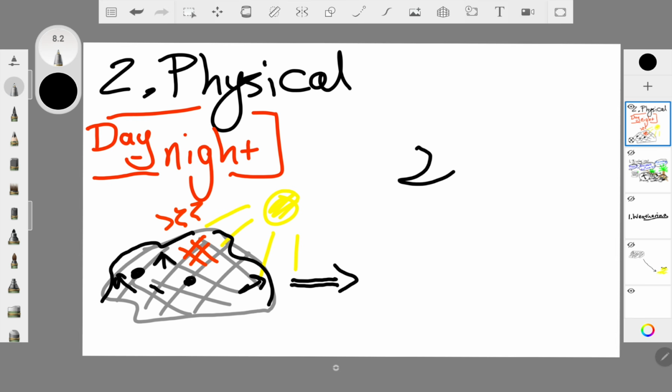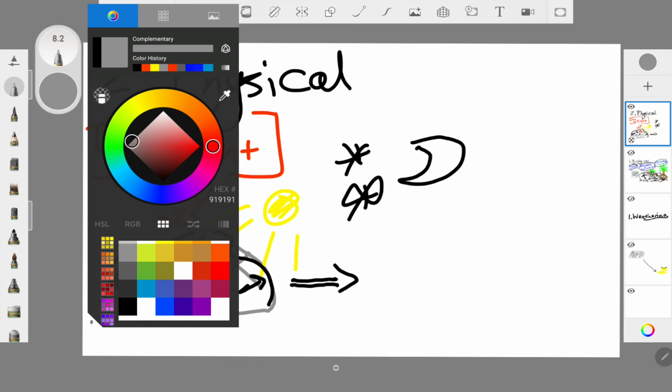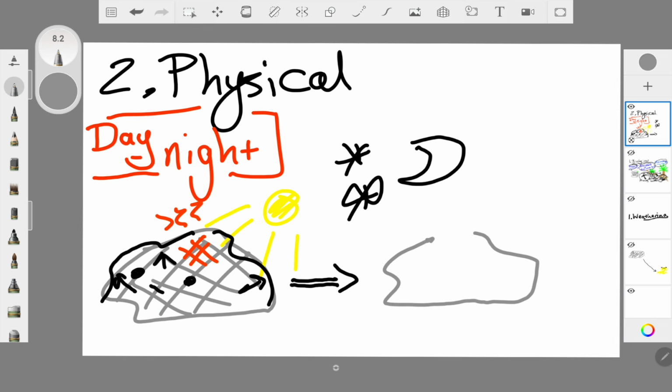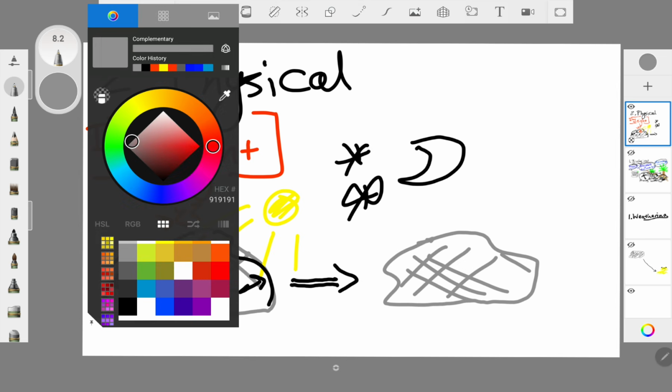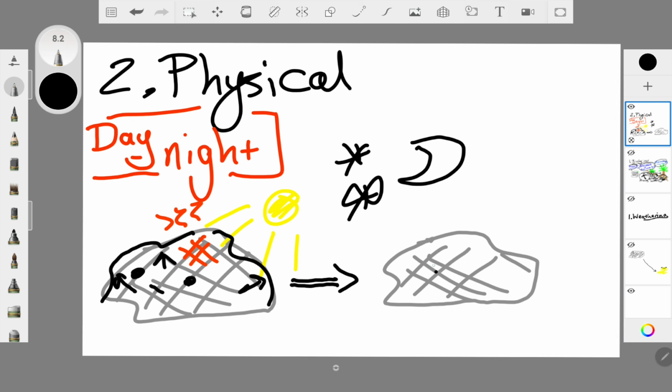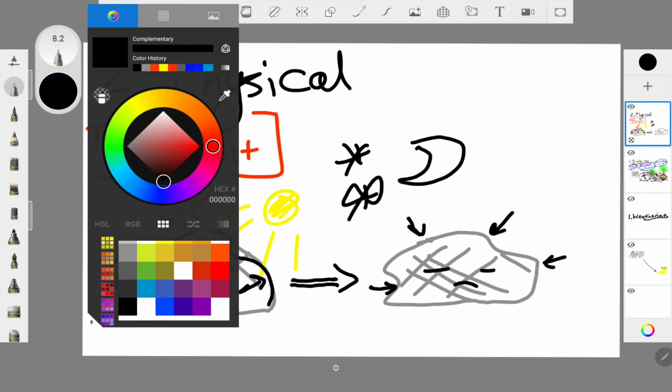The weather cools down. As it cools down, the outside of my rock is going to do what? It was expanding, now it's cold, it's going to contract.